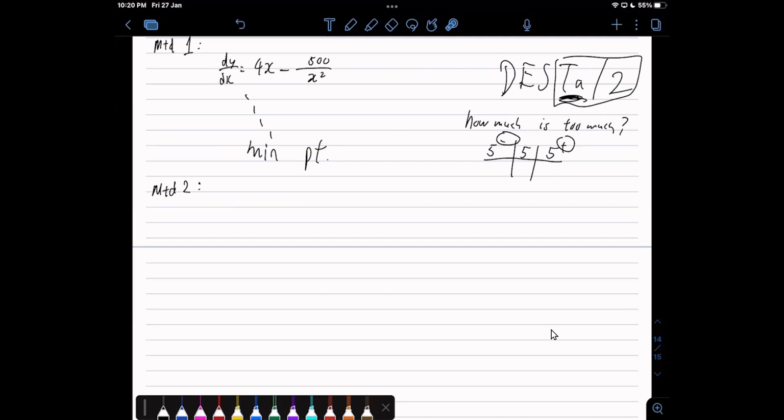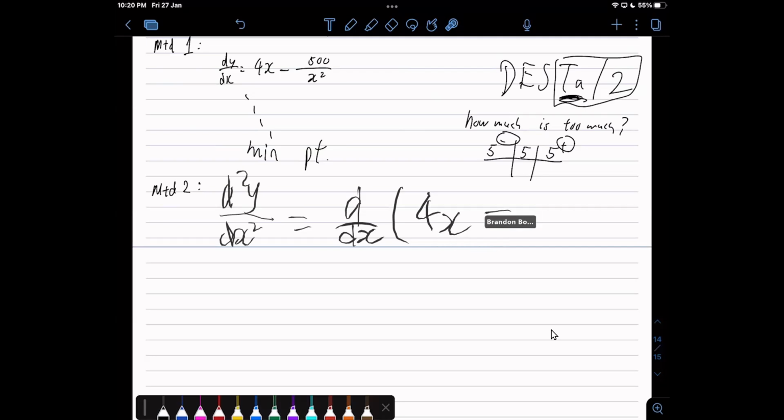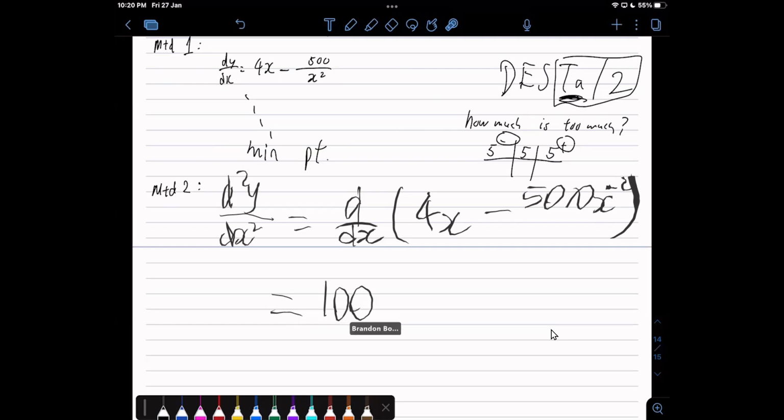What is it? d squared y by dx squared equals d over dx of this thing. Yep. And minus 2 times minus 500, 1000x minus 3 plus 4.